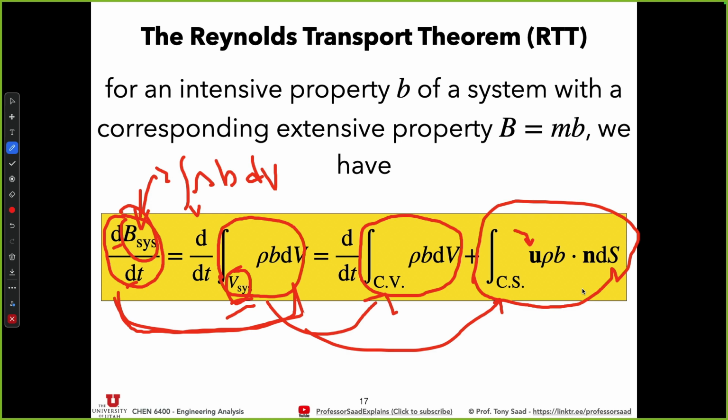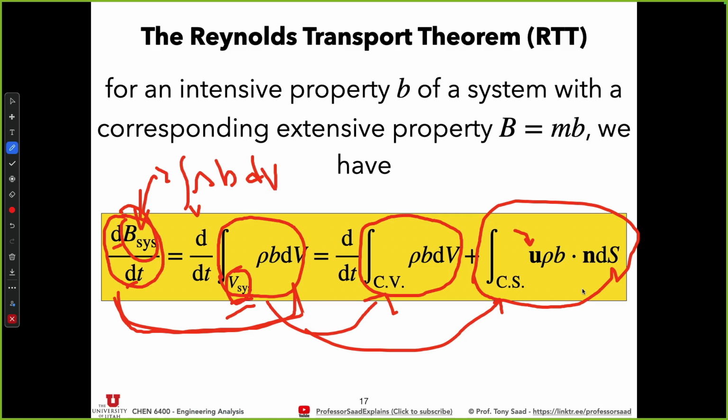So what this is saying is that the rate of change of the property inside the fluid element as it goes through a control volume is a rate of change inside the control volume plus the flux of rho b through the control volume faces.